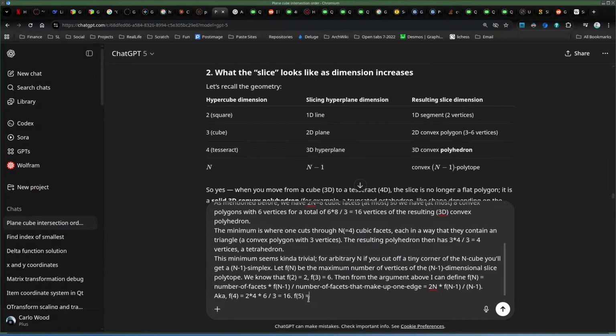F5 is 2 times 5 times 16 divided by 4 is 40.